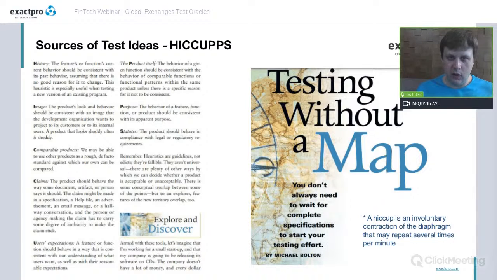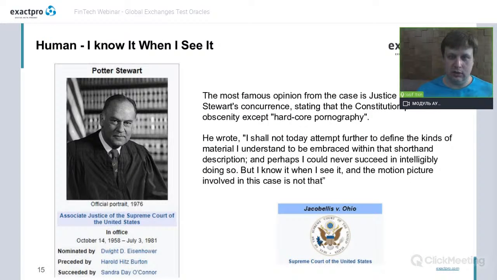And there is the last, fourth type of test oracles. It is when a computer is not able to interpret something. Then we use the last type of test oracle: the human test oracle. One example is from the great state of Ohio, a very important Supreme Court decision, famous for the quote used by Justice Potter Stewart, who stated, "I know it when I see it."